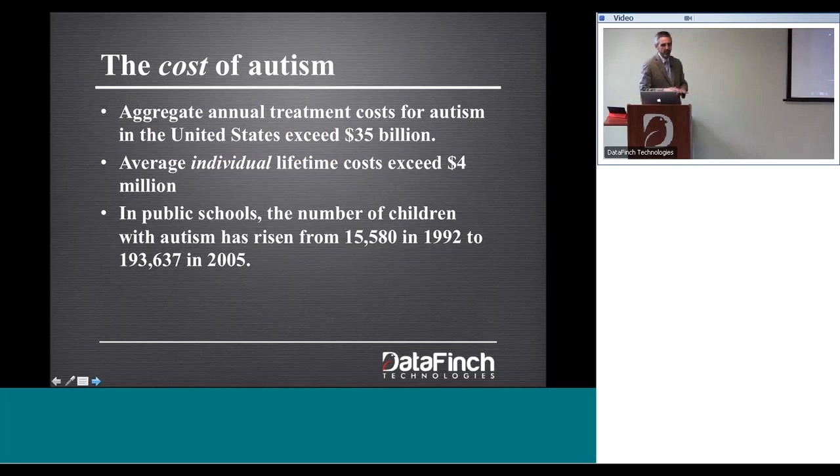And believe me, everybody with autism doesn't get as much treatment as they need. And if they did, it would probably even be a lot higher than that. In fact, the individual lifetime costs likely exceed $4 million. That's per person over a lifetime, just to provide services for someone with autism.